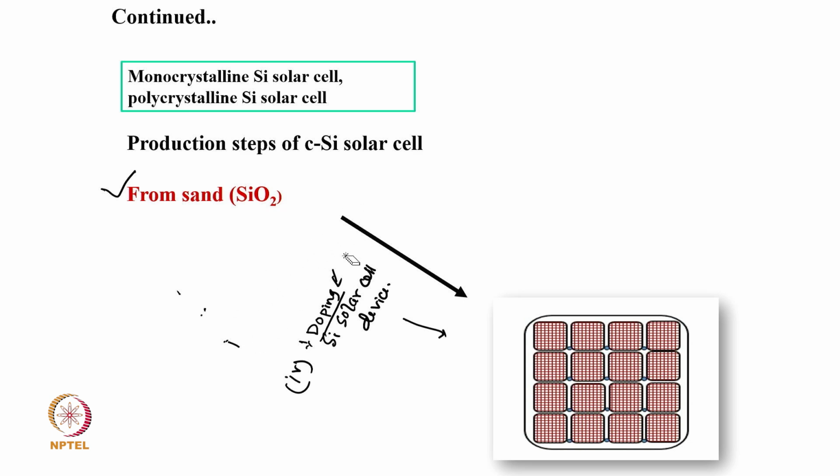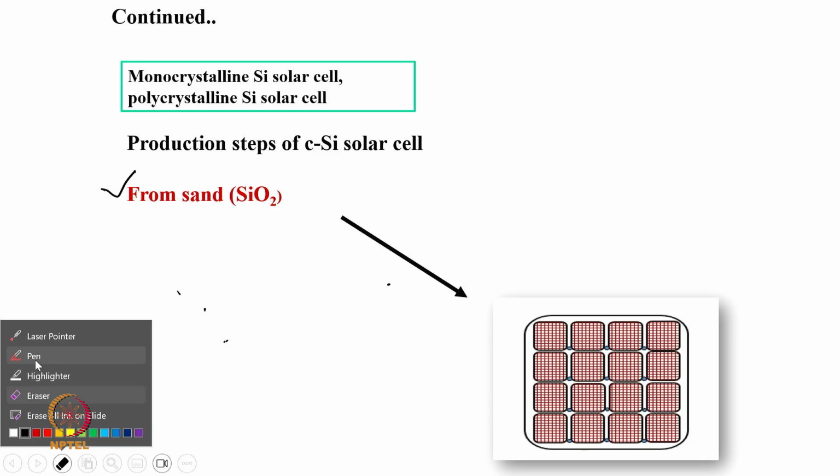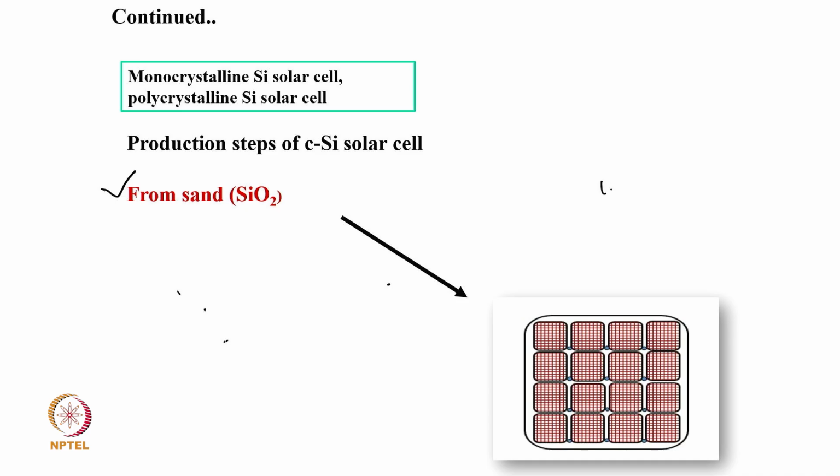So let me just make a small block diagram here. I start with sand, and then I do purification, followed by adding carbon to get metallurgical grade silicon.